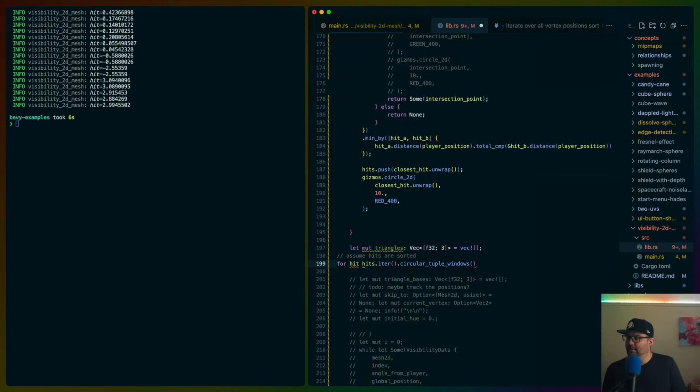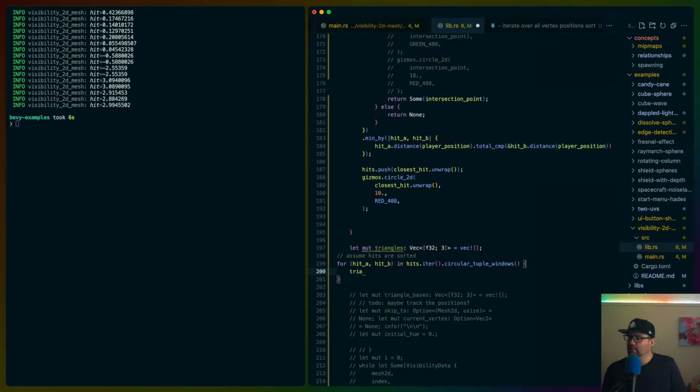So for hit A, hit B, in this triangles dot push, we could just map this. Do we need to do the indices at the same time? No, because the indices are just going to be one giant list. We're actually not going to have the indices even, so we can just do this.